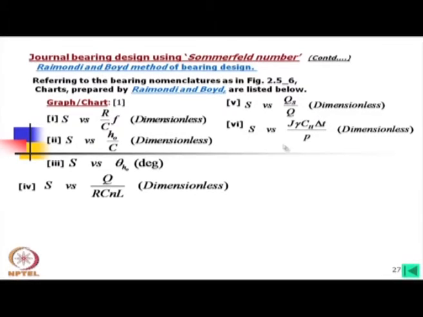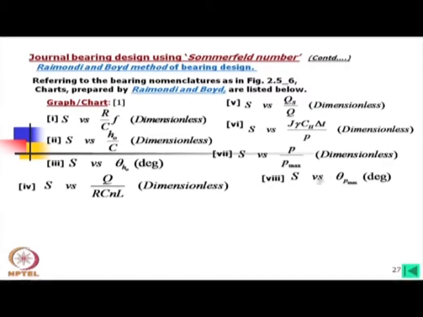Then we can find out what the temperature rise inside the fluid will be from this chart, and S versus P by P max. Pressure P is the pressure on the projected area, load divided by the projected area of the bearing, that is L into D, and we can find the maximum pressure from that ratio, and then find at what angle this P max occurs.